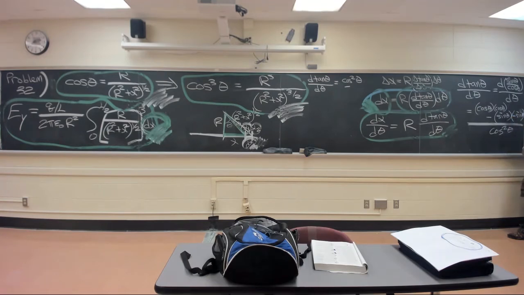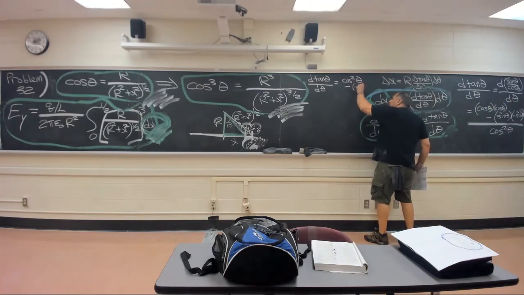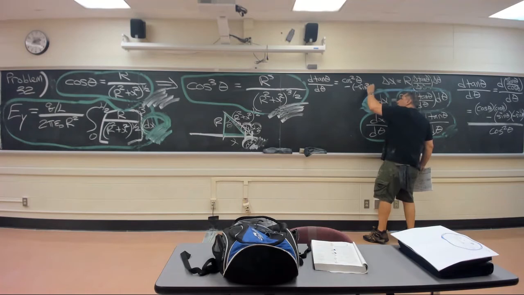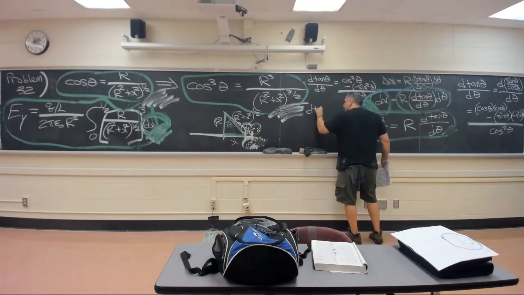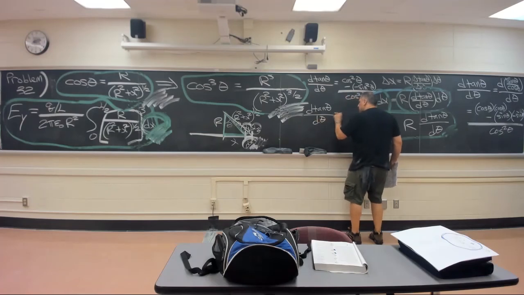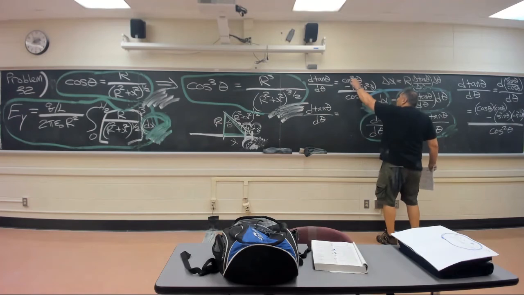Sine theta times negative sine theta is negative sine squared theta, minus a negative sine squared theta, over cosine squared theta. Minus a minus is plus. Cosine squared theta plus sine squared theta is 1.